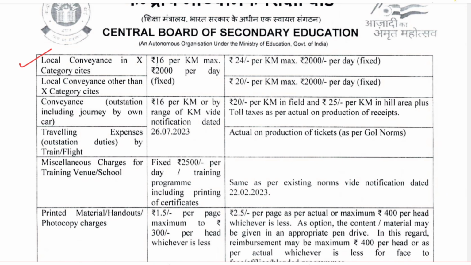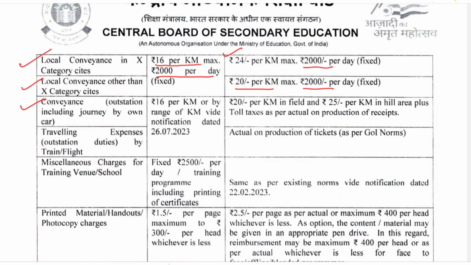Here earlier they used to pay 16 rupees per kilometer with a maximum of 2000 per day fixed. Now they are going to pay 24 per kilometer and the fixed maximum is the same, 2000. For other than X category, they are going to pay 20 per kilometer and the maximum is 2000.